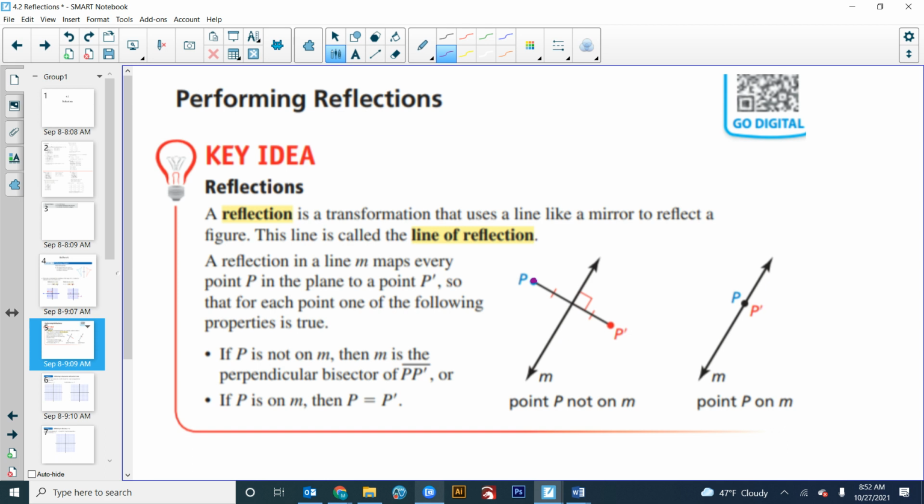Does it make sense? So if I'm here and I reflect this line, it's not going to end up down here. It's going to be perpendicular to that, or down like this, perpendicular to that line. So that's why we had to learn all that stuff about perpendicular lines and bisectors and so forth. Are we going to be doing proofs with these? No.